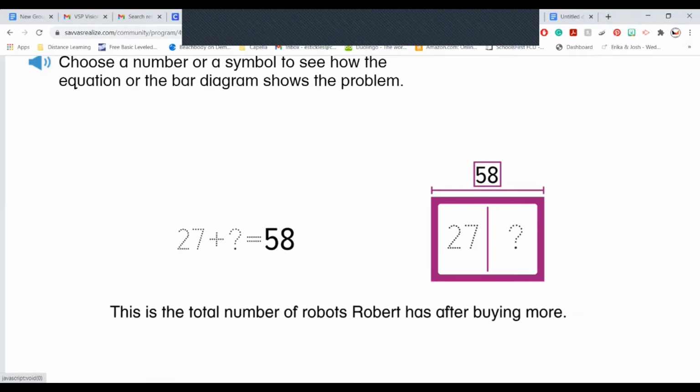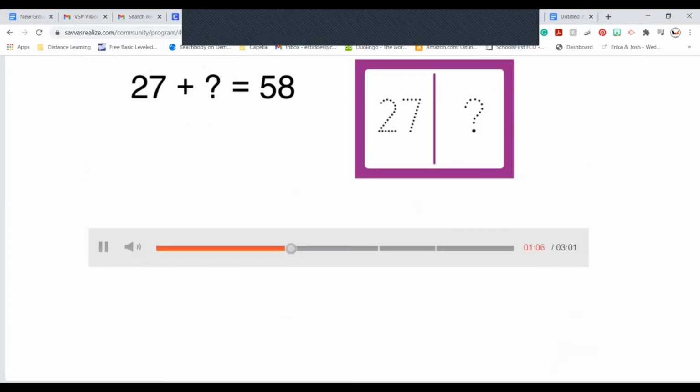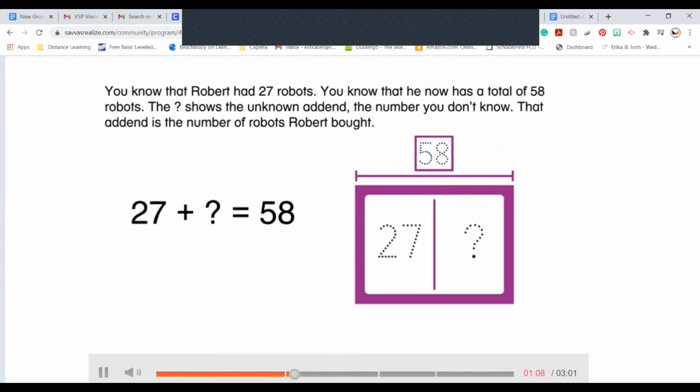This is the total number of robots Robert has after buying more. You know that Robert had 27 robots. You know that he now has a total of 58 robots. The question mark shows the unknown addend, the number you don't know. That addend is the number of robots Robert bought.